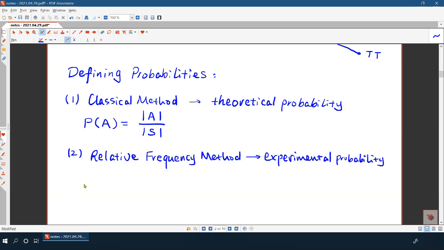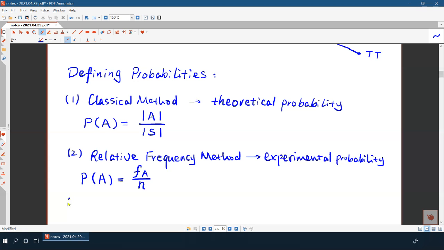This method states that the probability of an event A equals Fa over N, where N is the total number of experiments that we conducted. Fa is the total number of times that event A appeared, right?